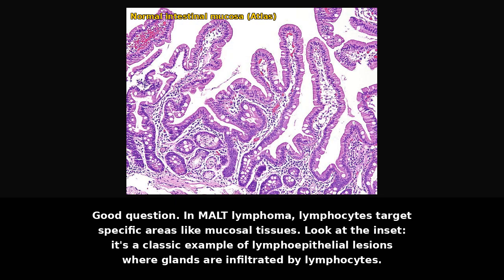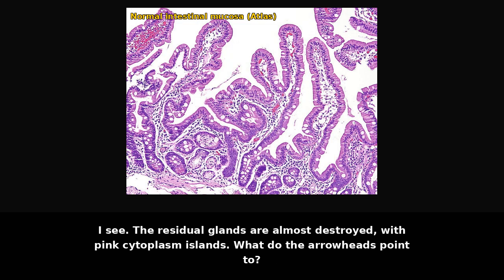Good question. In MALT lymphoma, lymphocytes target specific areas like mucosal tissues. Look at the inset, and it's a classic example of lymphoepithelial lesions where glands are infiltrated by lymphocytes. I see.